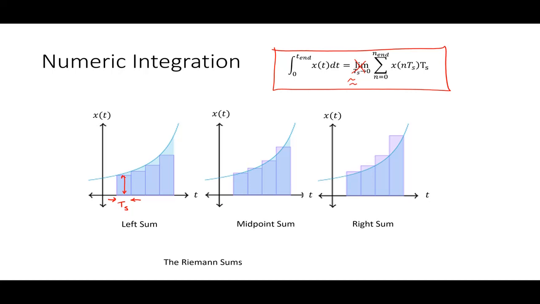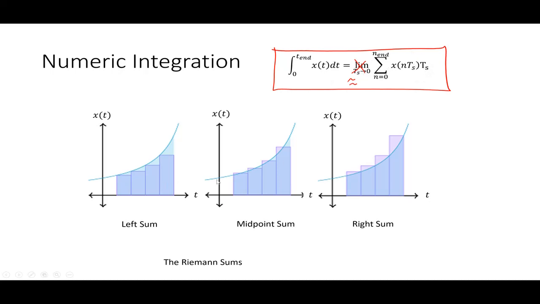In other words, I can't let the width of this rectangle get infinitesimally small, and then I would have infinitely many rectangles to deal with. Now, the tricky thing about this, you learned this back in calculus, is this idea of trying to sum up the rectangles becomes kind of trivial if I actually do the integral, but if I'm actually trying to compute this approximation, this gets a little bit tricky.